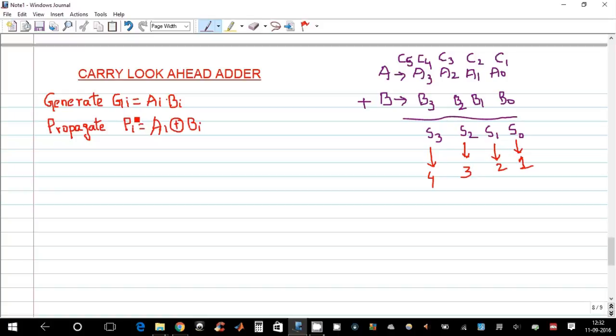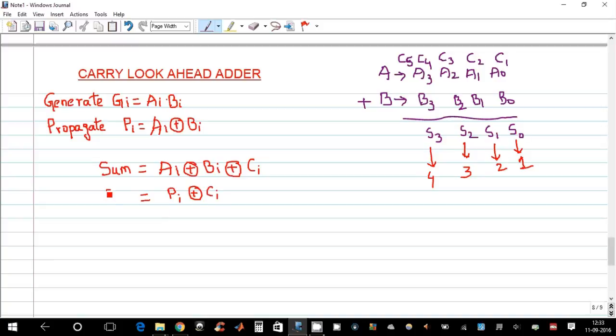We will calculate the sum value in terms of Ai and Bi, and the carry term in terms of Ai, Bi and Ci. The sum expression of a full adder is nothing but Ai XORed with Bi XORed with Ci, that is Ai XORed with Bi, which is our propagate term Pi, XORed with Ci.